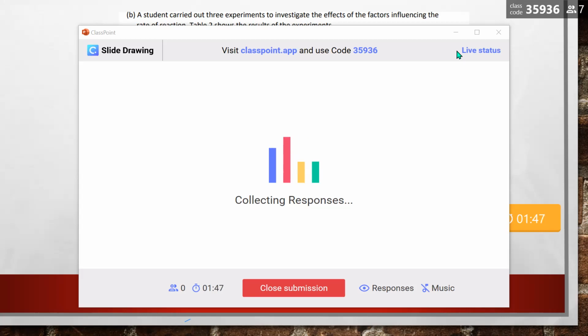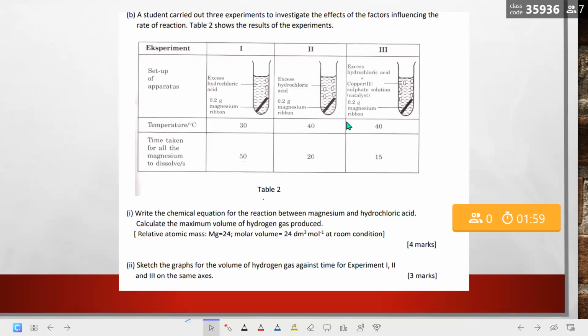Brandy, were you able to see the question? Do you know what the question is? I'm seeing the chemical equation and the graph question. Yeah, this one. You mean experiment 1, 2, 3, these 3 test tubes, right? Yes.